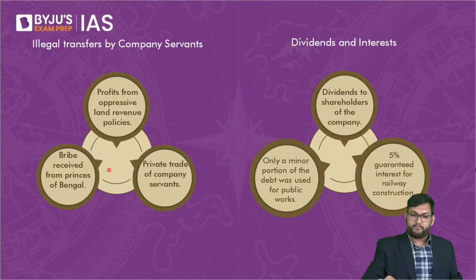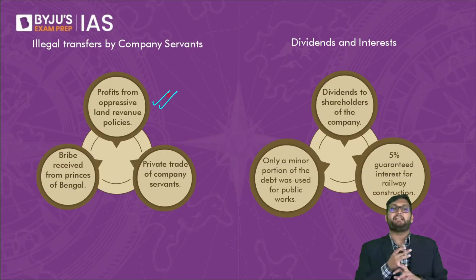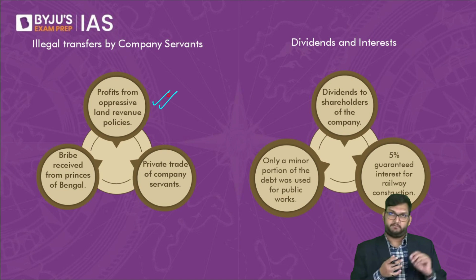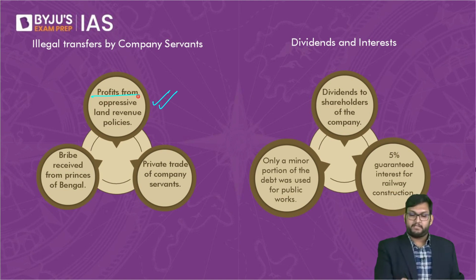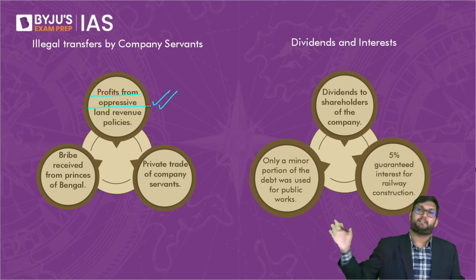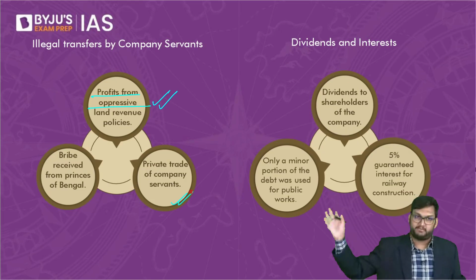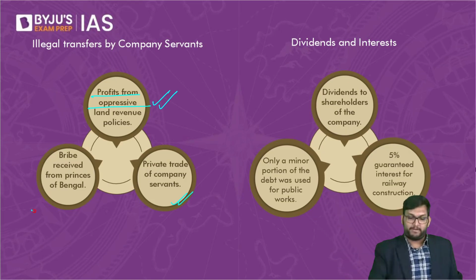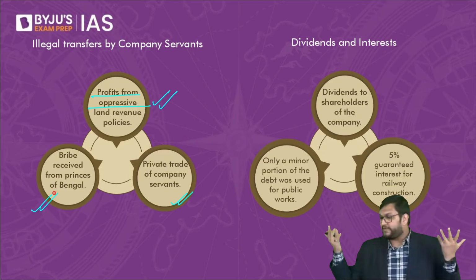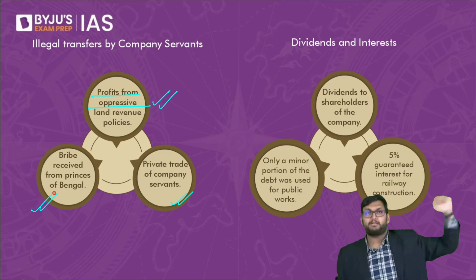So very simply, the first channel was the illegal transfer of company servants. They got profit, they oppressed land revenues, they transferred that. Private trade which was done by the company servants, that is also going to England. They received bribes from the Bengal princes, 50 lakh rupees. Where does it go? It goes to the British.